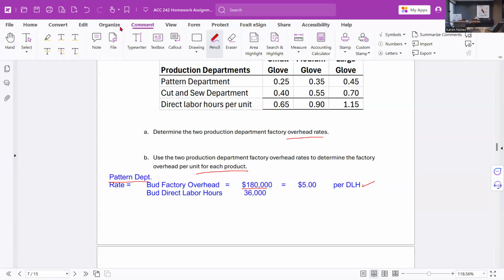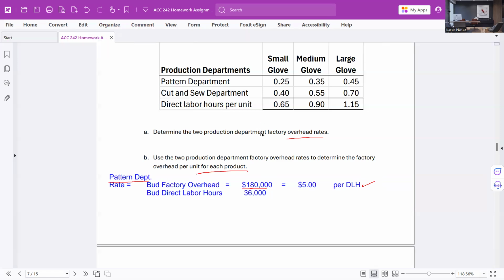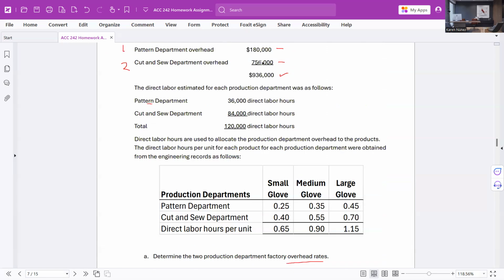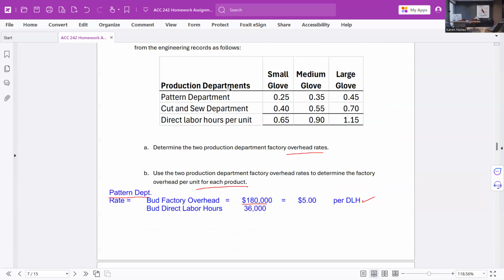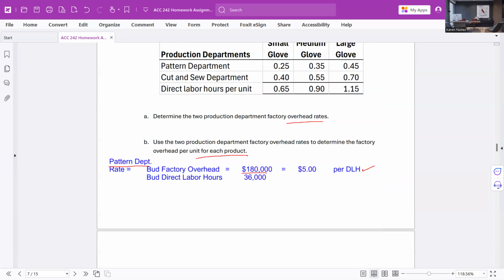But on the other hand, when we allocate from the cut and sew department, it's going to be based on that $756,000 over 84,000 hours. So it's going to give us a very different rate for cut and sew.